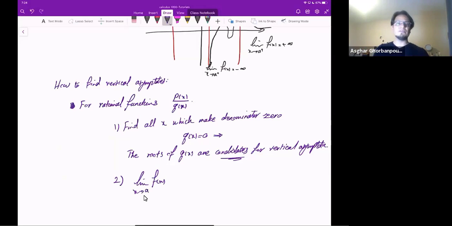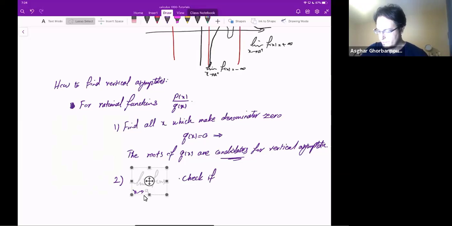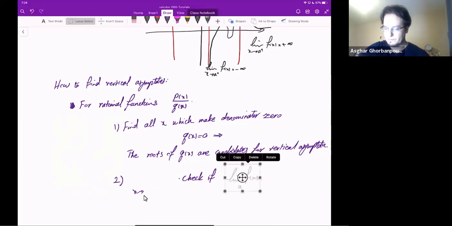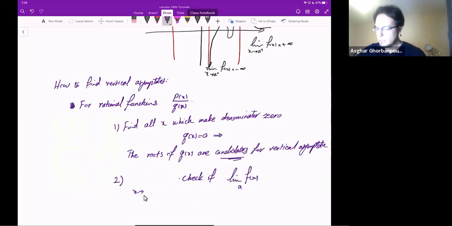So if you have 5 roots in the denominator, you check all these limits. See if it is an infinite limit or not. So check if this limit here is an infinite limit or not.